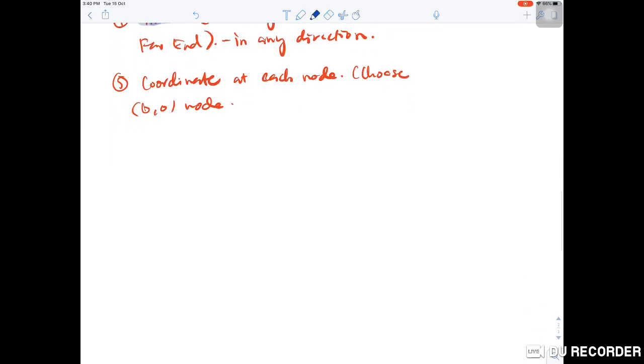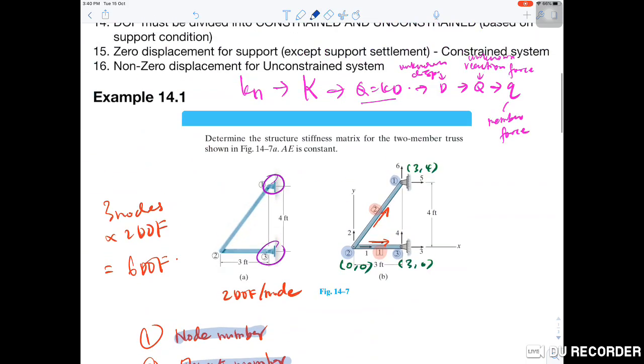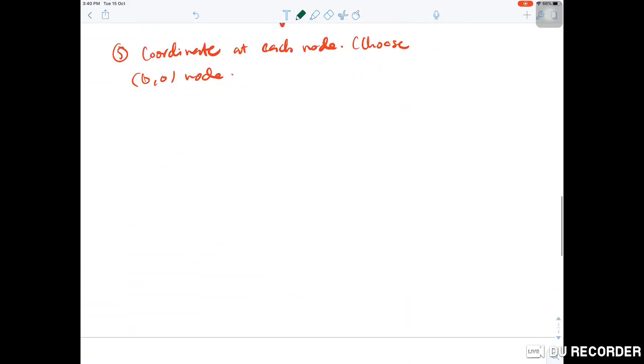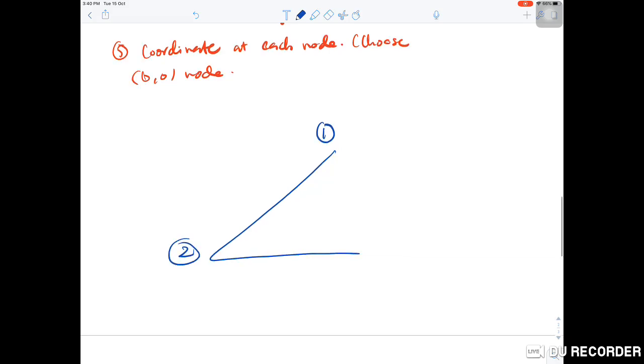Okay, so after having all this information in one diagram, this is node number 1, this is node number 2, this is node number 3. This is 0, 0, this is 3, 0, this is 4, 0.